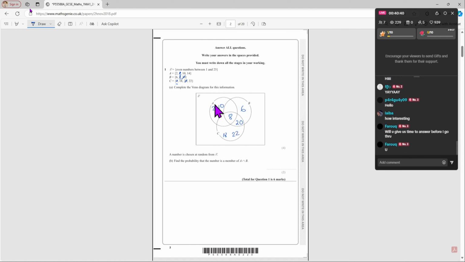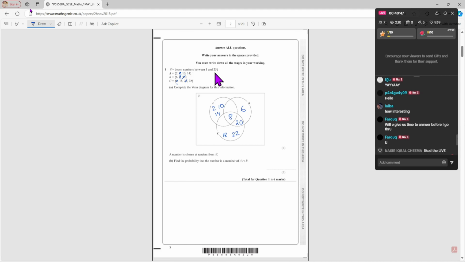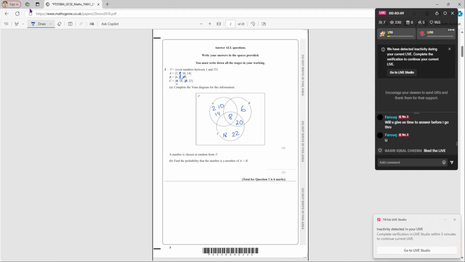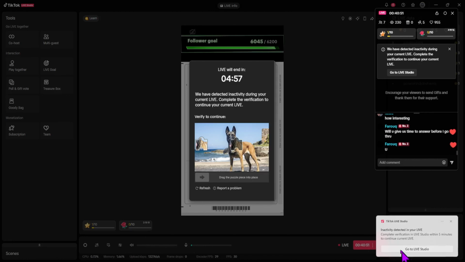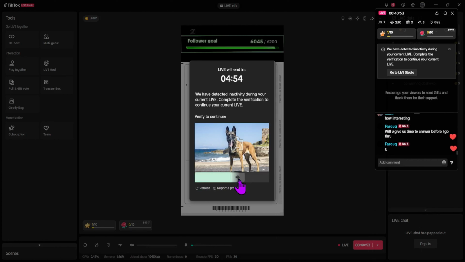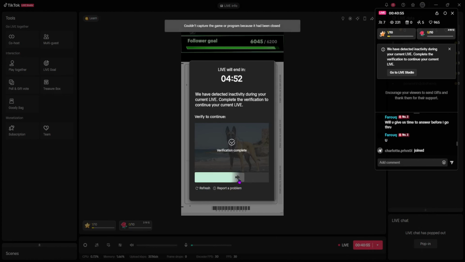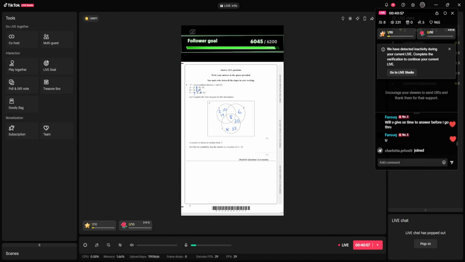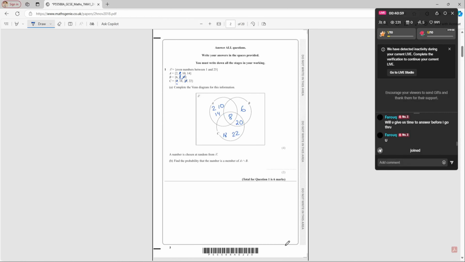We haven't really completed our Venn diagram, because we know that our universal set is even numbers between 1 and 25. So let's write the even numbers between 1 and 25: 2, 4, 6, 8, 10, 12, 14, 16, 18, 20, and on to 24.